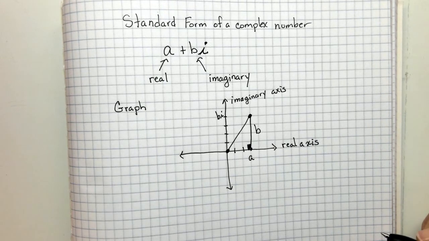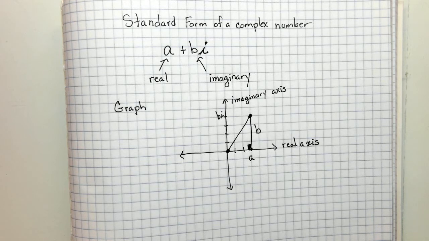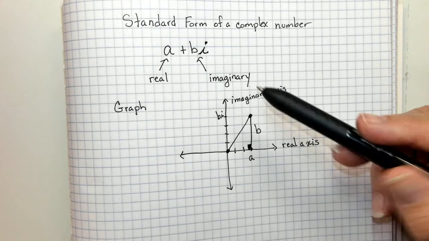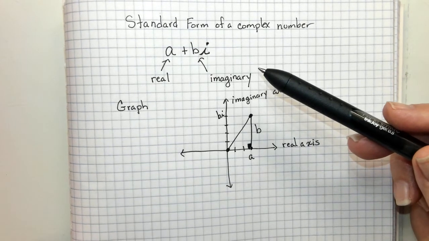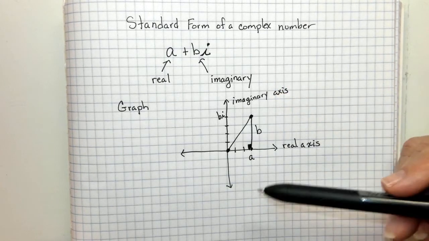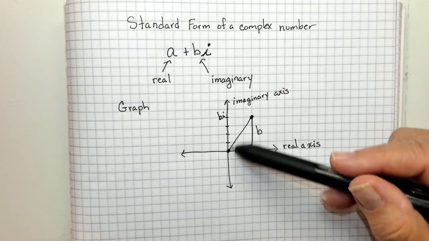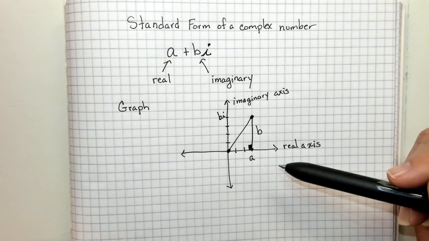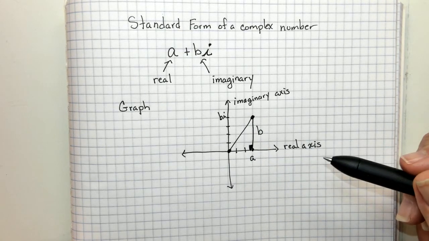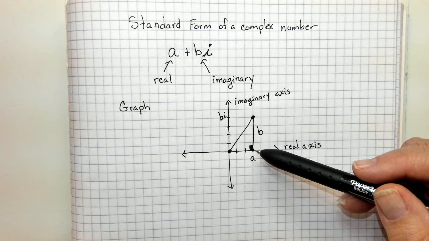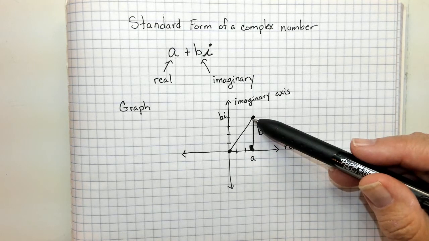And so we are going to convert this imaginary form into what's called trigonometric form, using what we already know about right triangle trigonometry. So we know this is a right triangle. We know that this side is the hypotenuse.